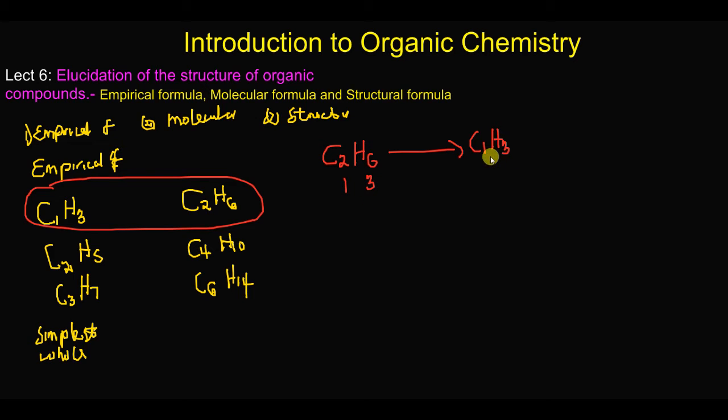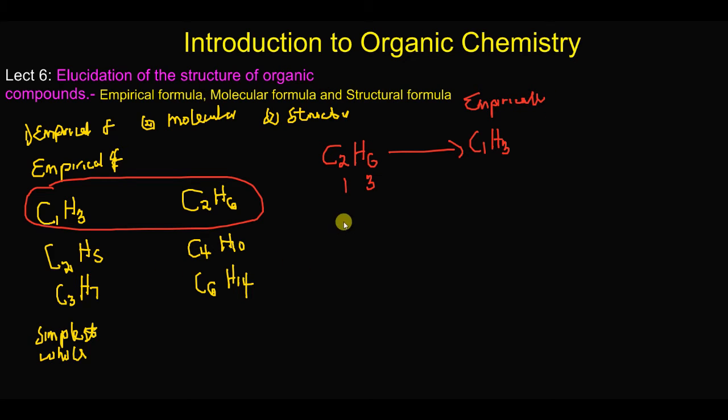That simplified ratio of each element within the compound is what we say is the empirical formula. So empirical formula shows us the simplest whole number ratio of each element or atom within the compound.